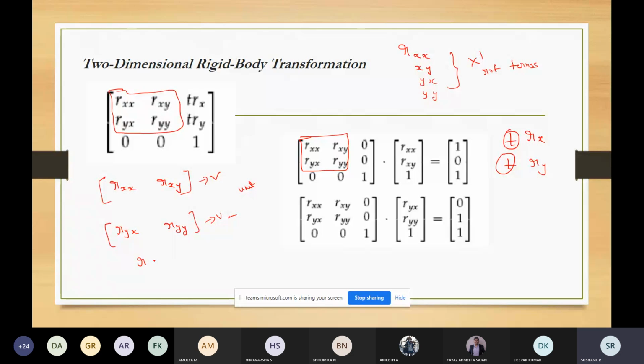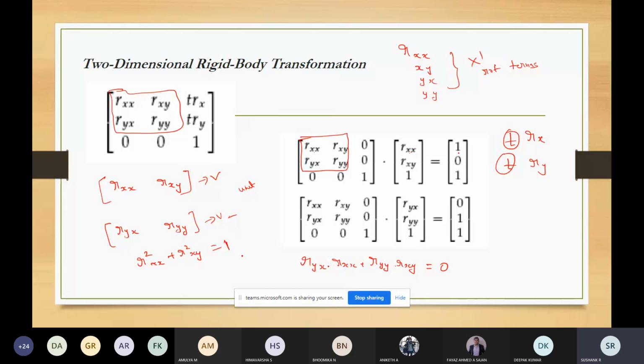So that is what is written. The equation is rxx into rxx, which becomes r square xx, plus rxy into rxy, which becomes r square xy, and this is equal to 1. Again, ryx into rxx plus ryy into rxy will be equal to 0.